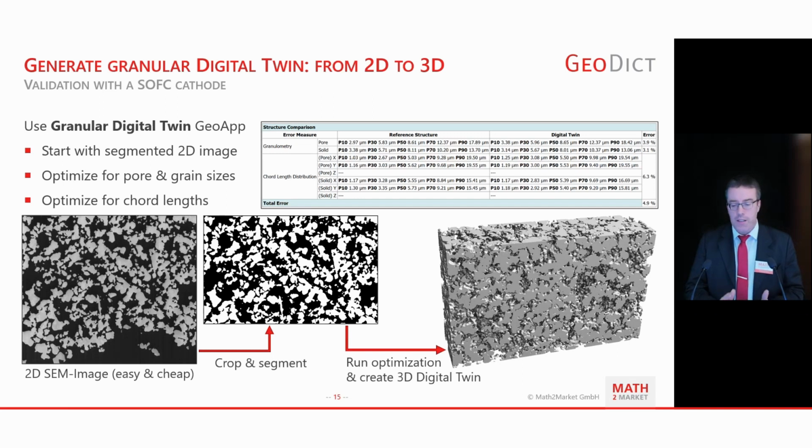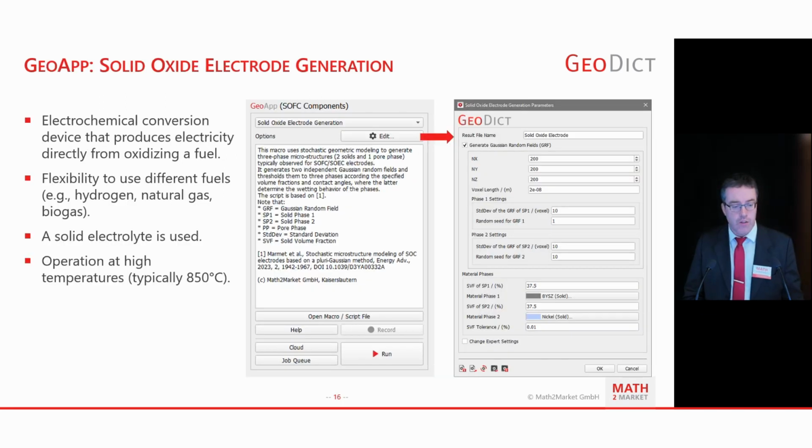As I mentioned, here an example with a solid oxide cathode. In this case, maybe also highlight to you one GeoApp hiding another complex structure generation algorithm, the GeoApp for the solid oxide electrode generation. As you can again see here in the middle, the seamless integration, and on the right-hand side, our UI, this time also with integrating material phases.